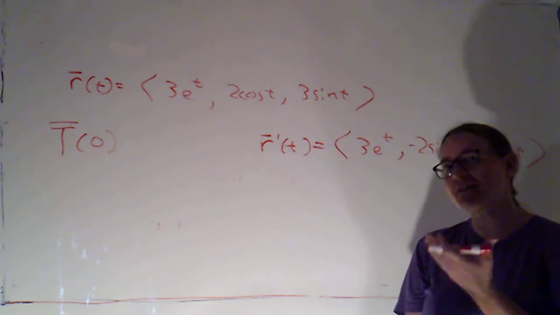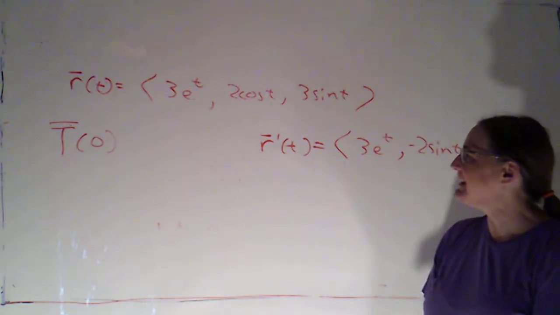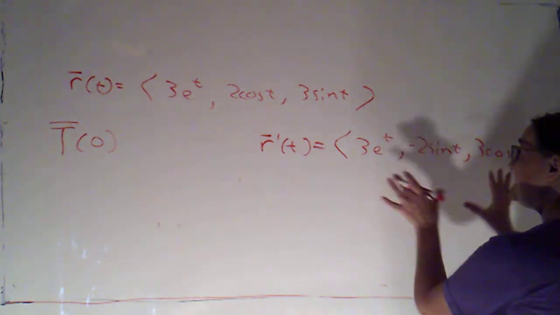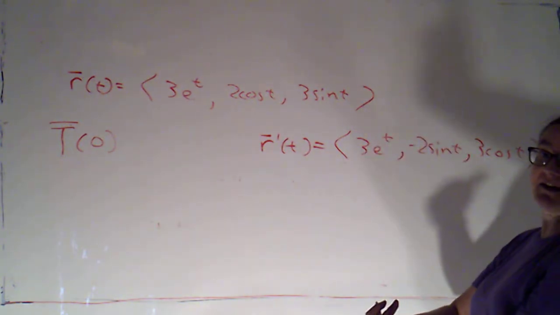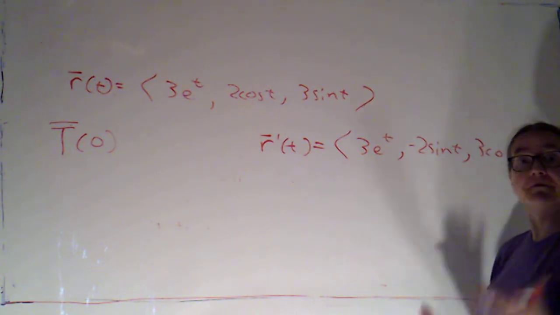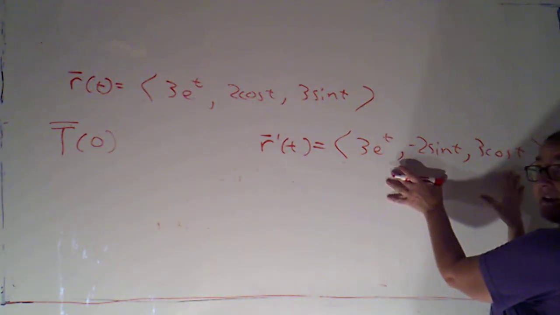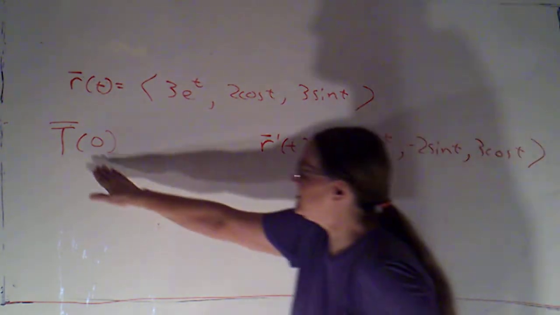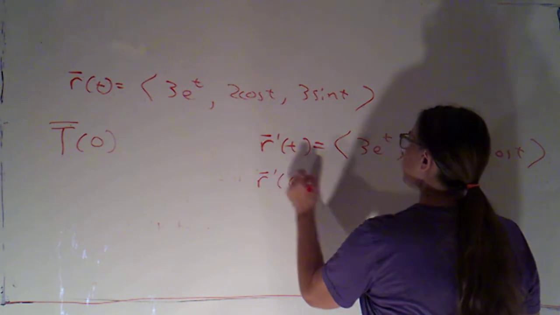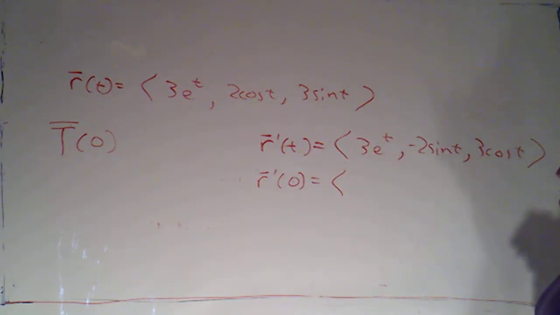So I have to take the derivative before I can plug in any number. But it's totally fine to plug in 0 and then normalize. I could normalize as is. If I wanted a generic formula for the unit tangent vector at an arbitrary point, I'd want to do that. But if I only care about the unit tangent vector at this point, it's going to be a lot simpler if I plug in 0 first so that I'm working with numbers instead of functions.